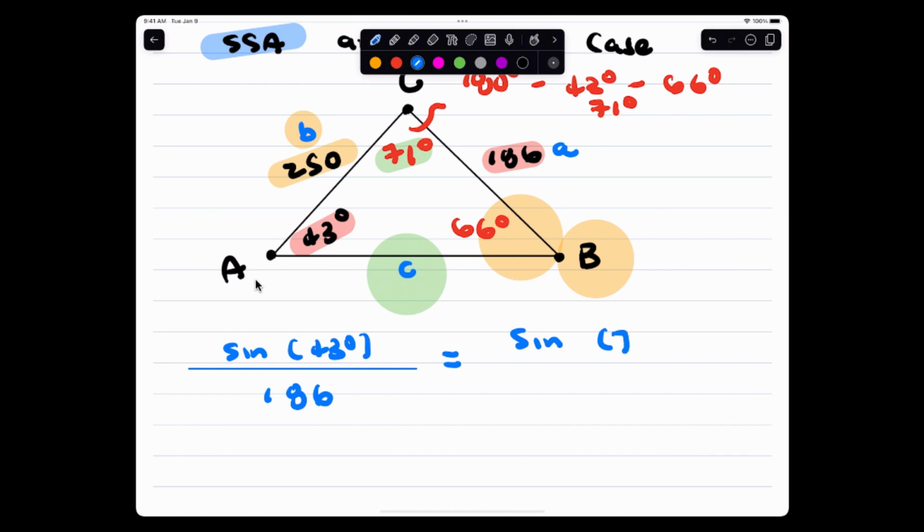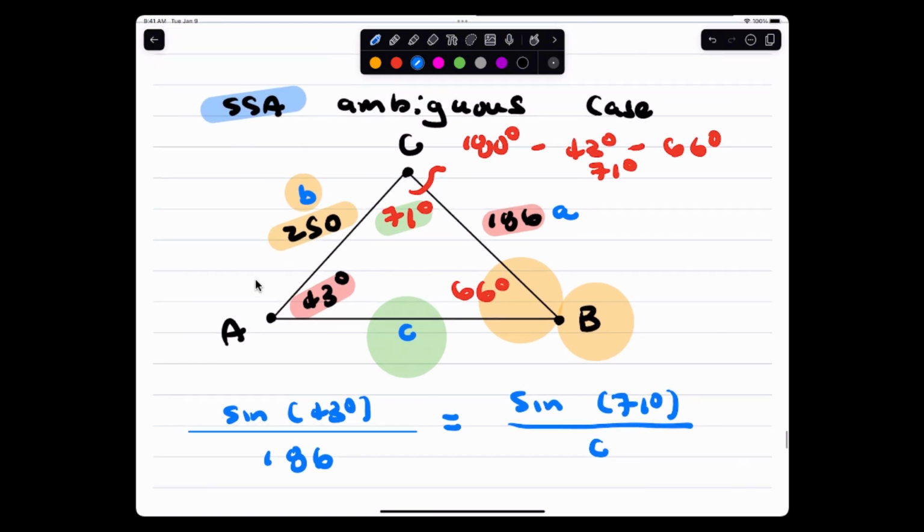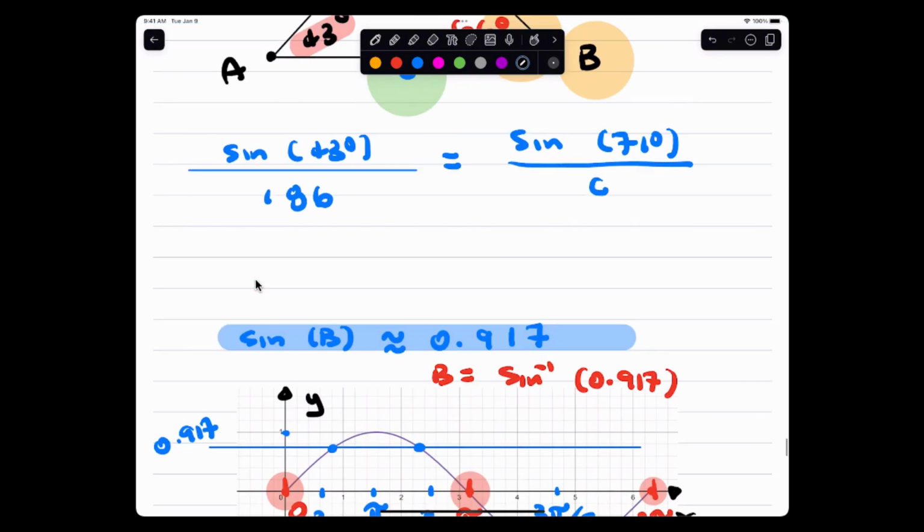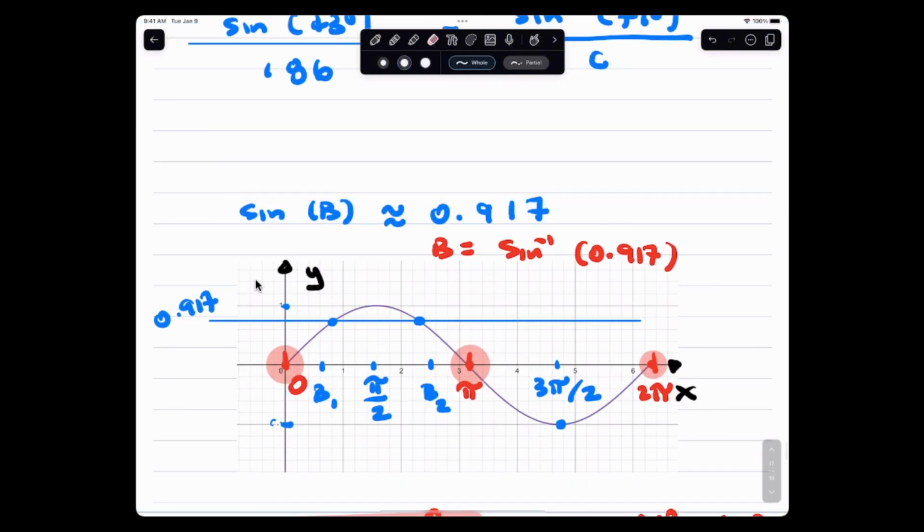Sine of 71 degrees over little c, ladies and gentlemen. Okay, you guys see that there? That's the first triangle. And when you cross multiply, we'll see what we get.